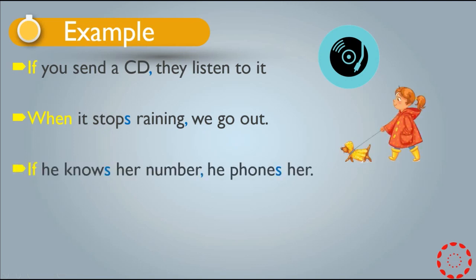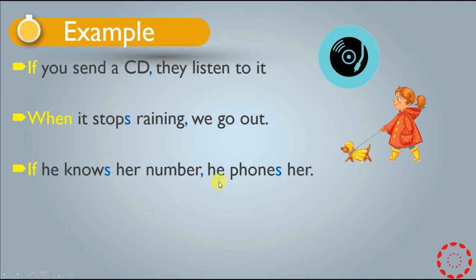If he knows her number, he phones her. Also, as you see here, the verb know has s. Why? Because we have the subject, which is he. As I mentioned, after he, she, it, or a name, the verb should take s.